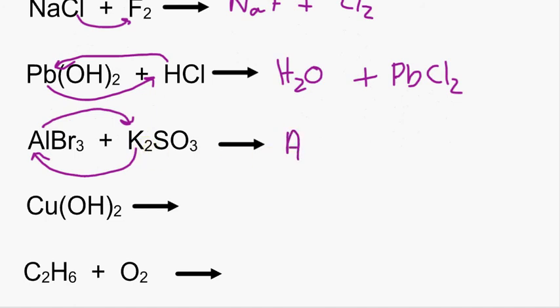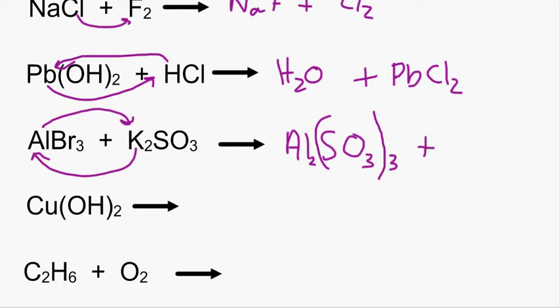So we have aluminum and the sulfite, just like that. Aluminum is a +3, sulfite is a -2, so we write a 2. And I'm going to do parentheses around the sulfite, and 3. So aluminum sulfite is Al2(SO3)3.